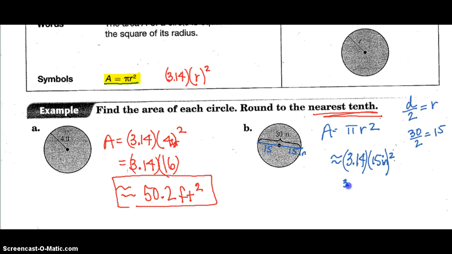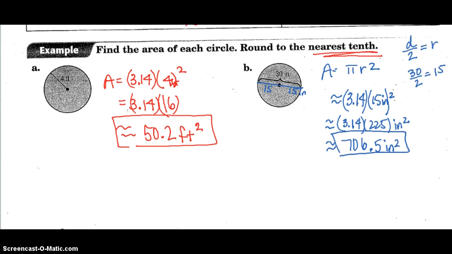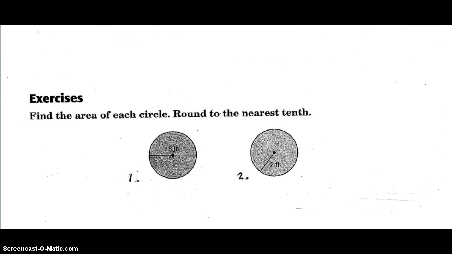So 3.14 times 225, inches got squared also, gives me approximately 706.5 inches squared. All right, you try the next 2 on your own and then flip the paper over to resume the video.